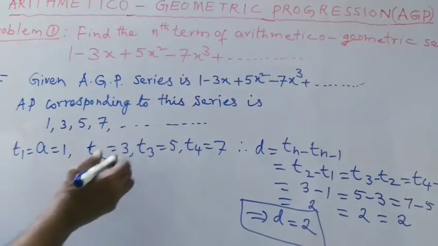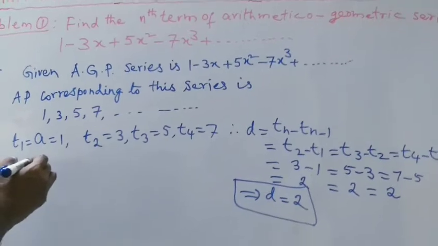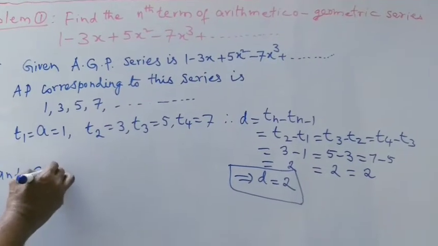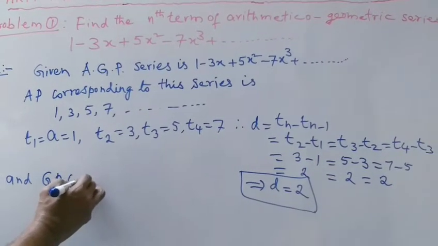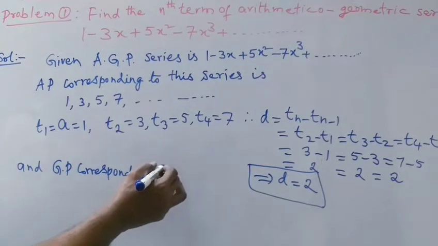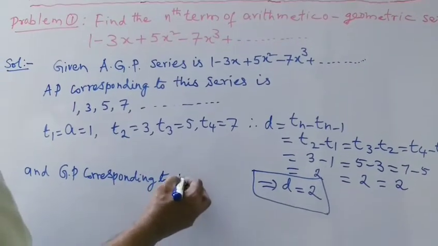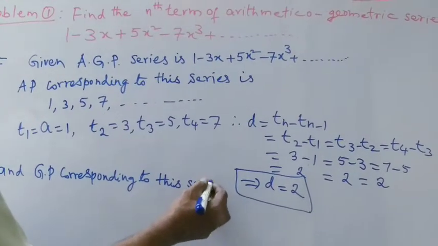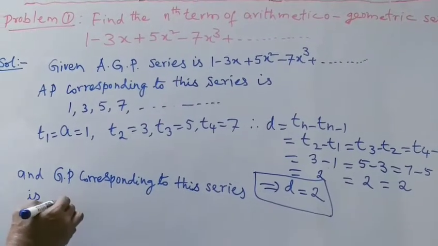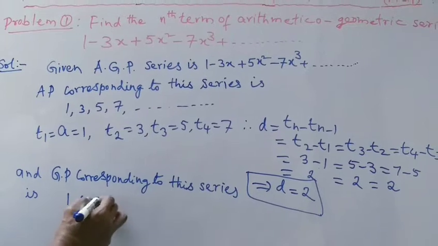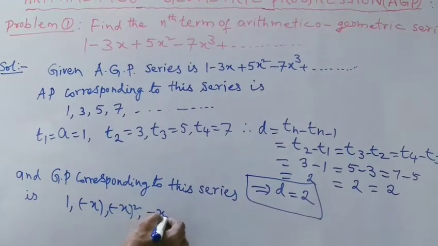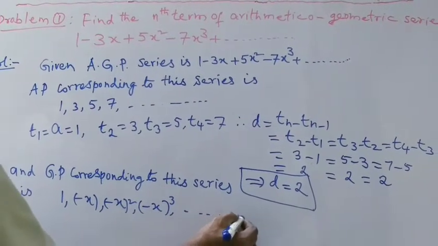Similarly, the geometric progression corresponding to this series is 1, minus x, minus x whole square, minus x whole cube, and so on terms.